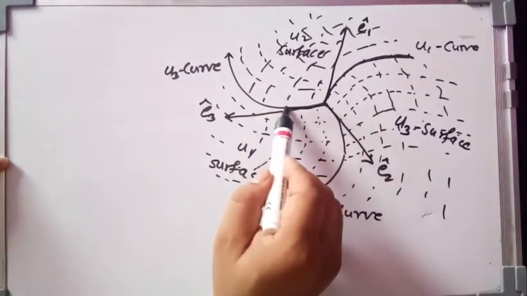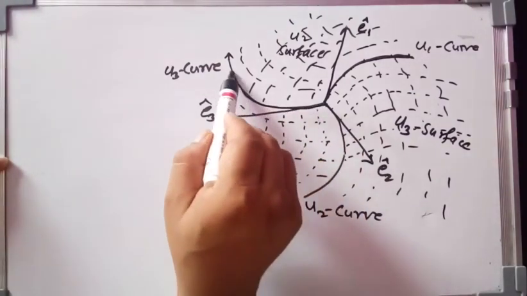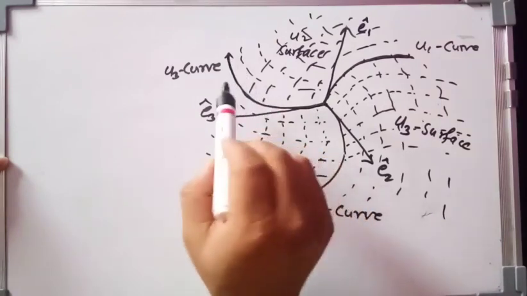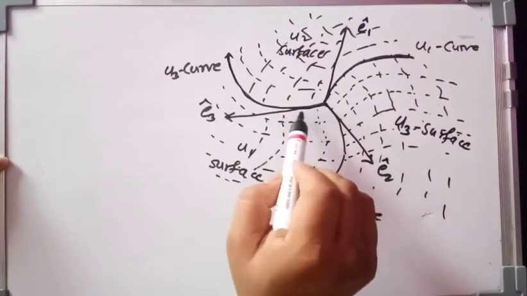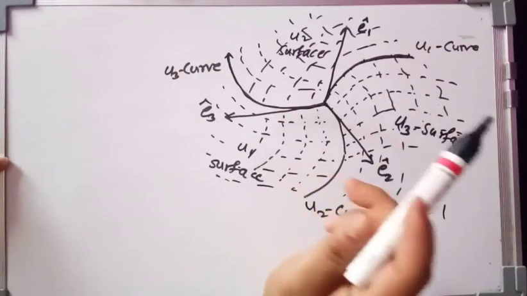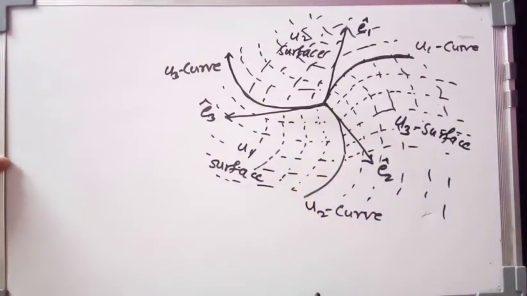Similarly, on u3 curve, u3 coordinate is variable and other two coordinates u2 and u1 are fixed. This is some basic introduction of curvilinear coordinate system.